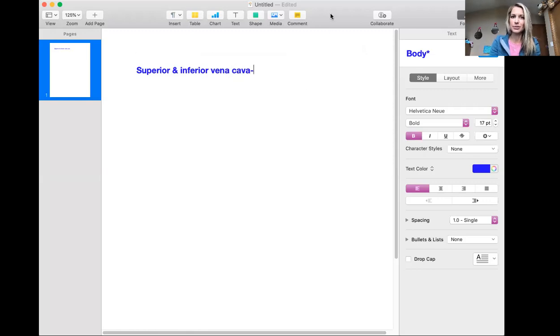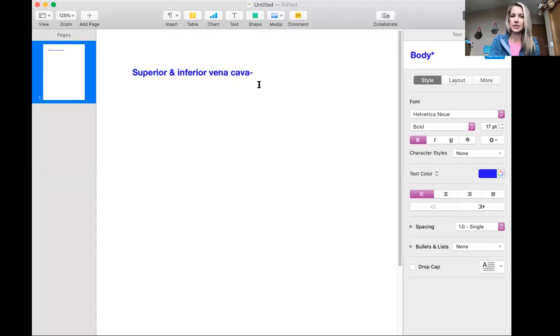Then, and I would normally put a little arrow, but we're just going to do a little dash. Okay. I'll do a couple dashes. So we start with the superior and inferior vena cava, and then blood goes into the right atrium. And from the right atrium, blood goes into the right ventricle. And then remember, where does blood have to go?